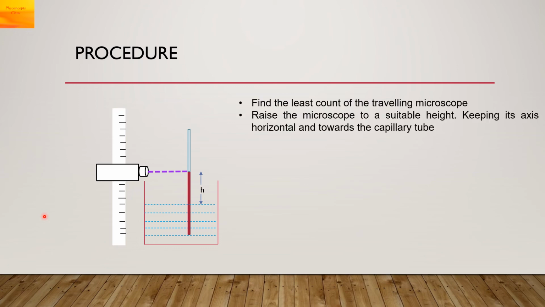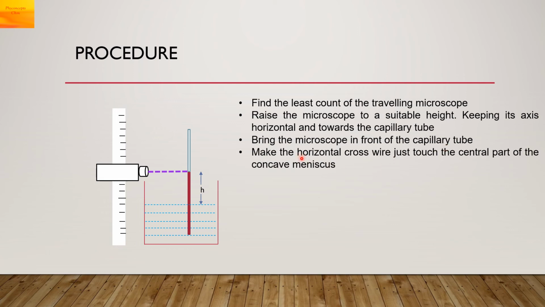We'll see the procedure. First we'll determine the least count of the traveling microscope. Then raise the traveling microscope to a suitable height, keeping its axis horizontal and towards the capillary tube as shown in the diagram. Bring the microscope in front of the capillary tube.